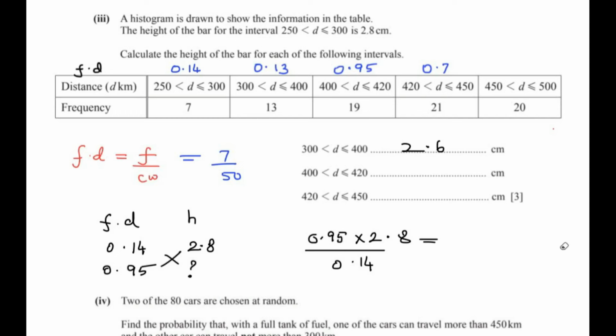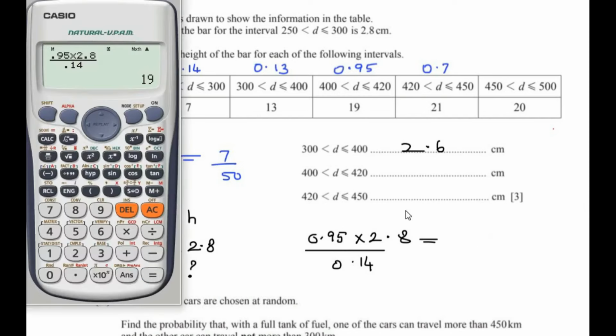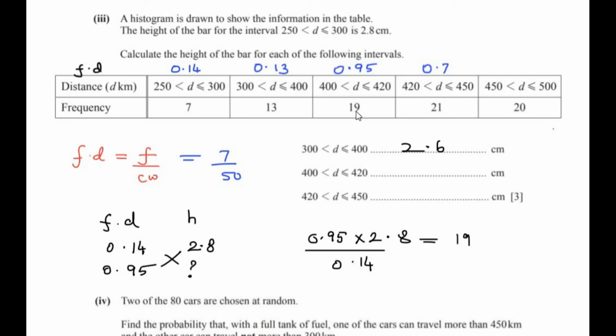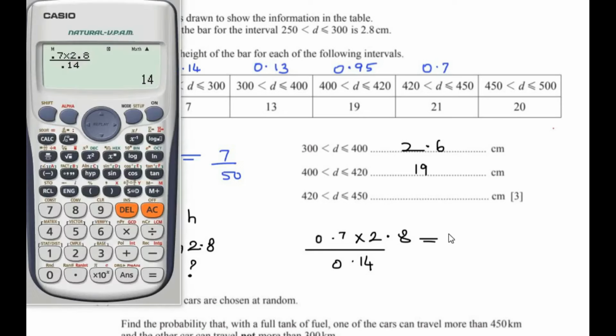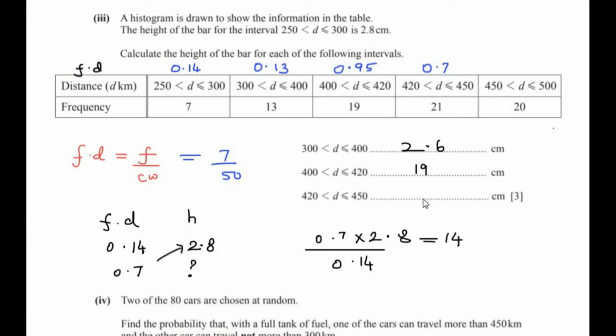Here we get the answer as 19. So the height of the third class interval is 19. Now let us use the same relationship again. Here we are going to remove this class interval and find out the height. Now for this class interval, the frequency density was 0.7. So it multiplies with 2.8 and gets divided by 0.14. This gives the height of the next interval, which is 14. So here it is 14.